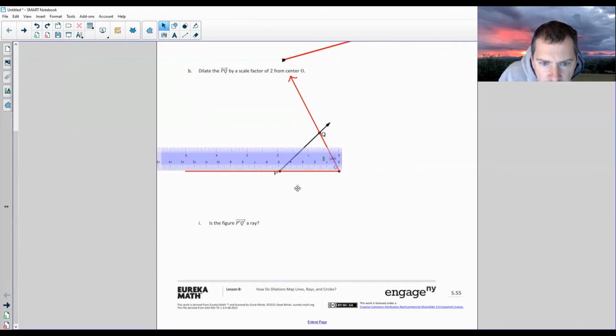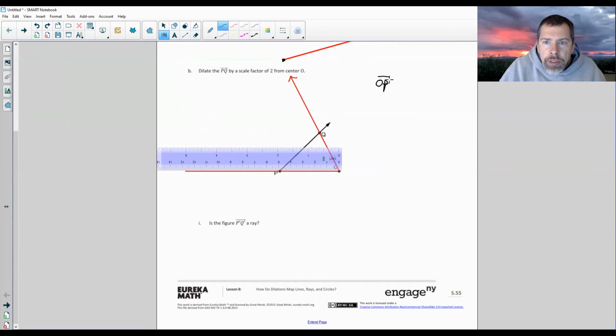Right there, OP is 4.9. So I write this over here: OP equals 4.9. And it says by a scale factor of 2, so OP prime is going to be twice 4.9, or 9.8.